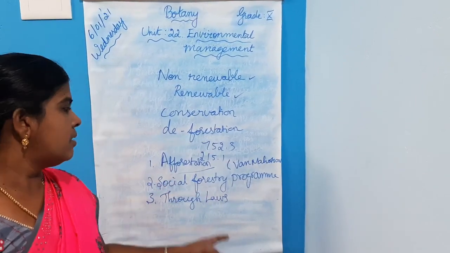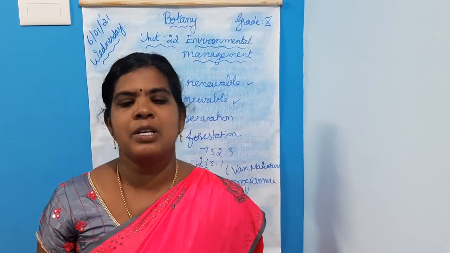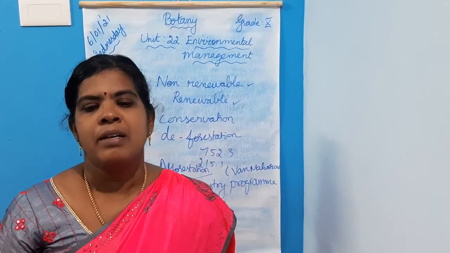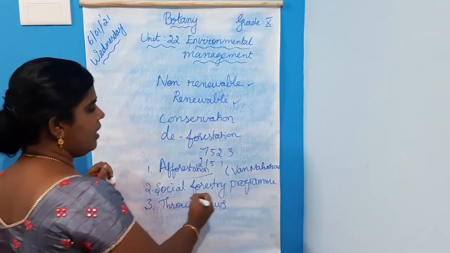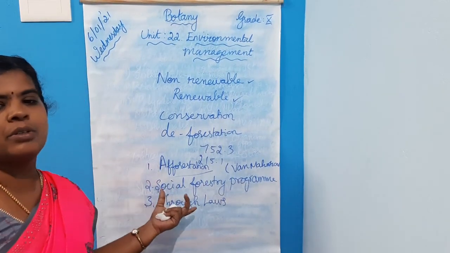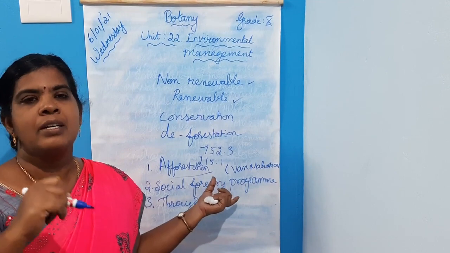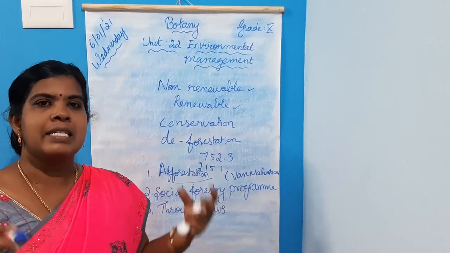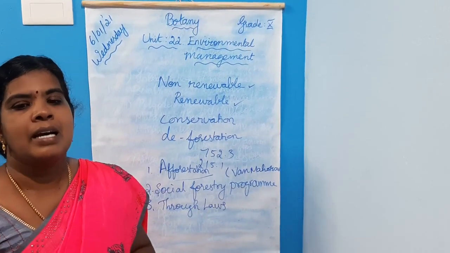Second is the social forestry program, the large scale production of firewood, fodder and timber for the benefit of rural people. That is the social forestry program. It was started to protect the wildlife, the trees and plants as well as the animals.